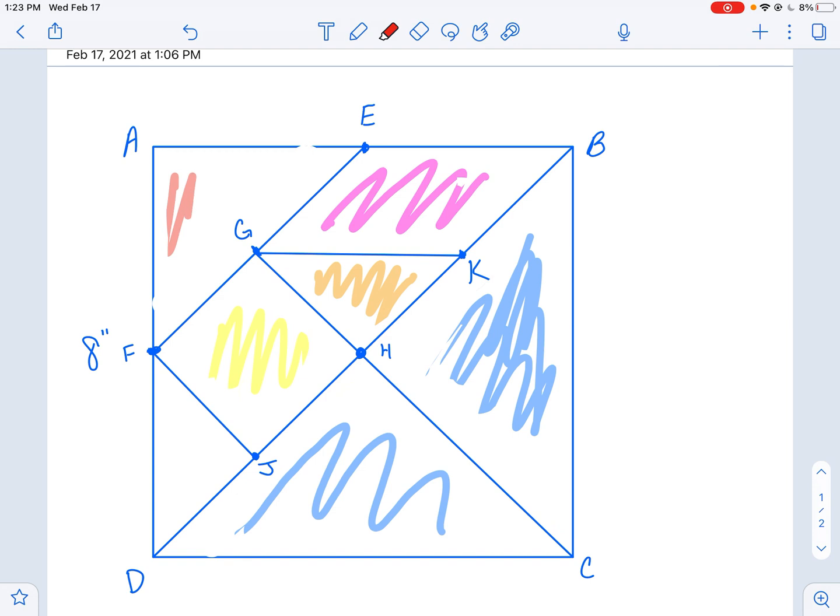So I'm going to cut out all of these shapes. Oh, and don't forget this triangle on the left like I just did.